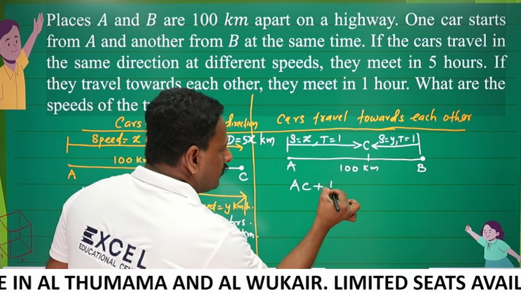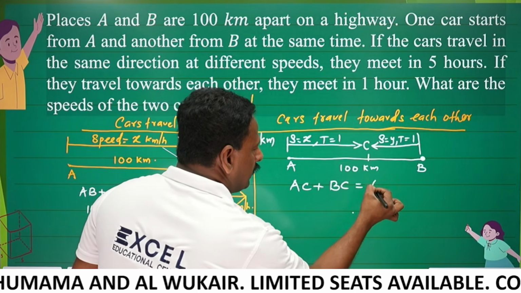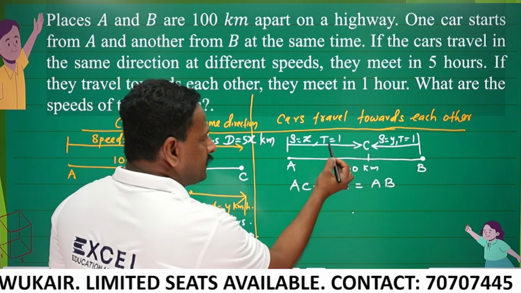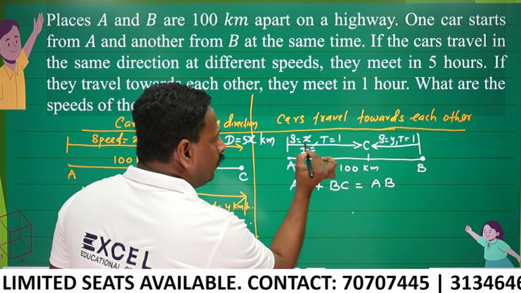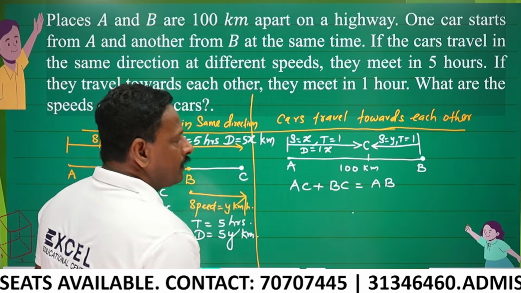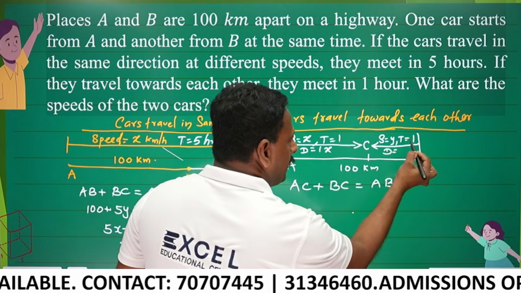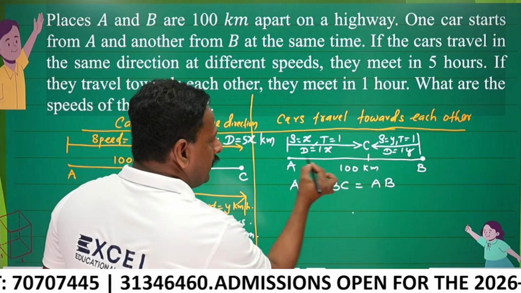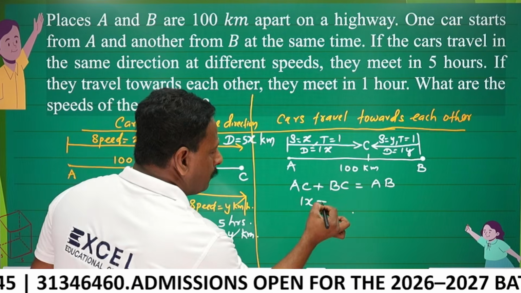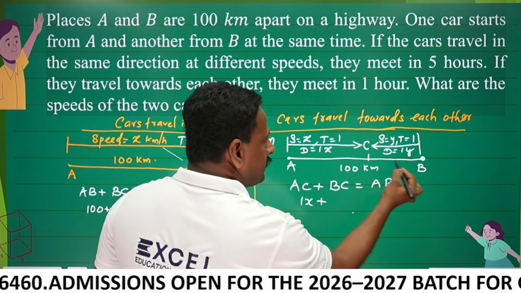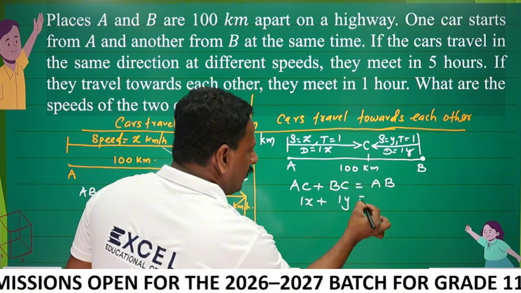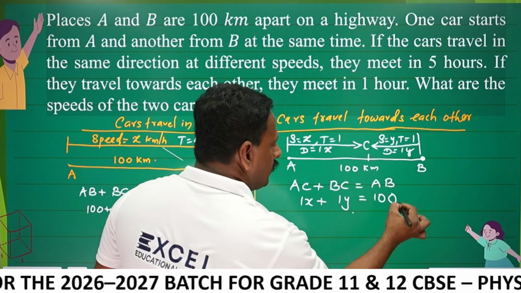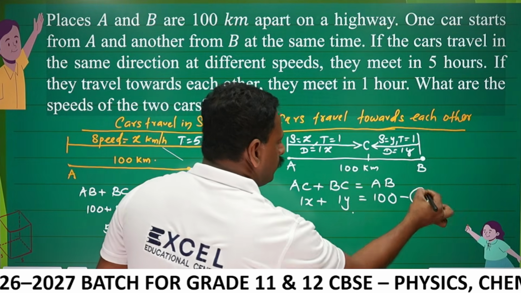Distance is speed into time, so distance AC is 1x, and distance BC is 1y. So AC, 1x, plus BC, 1y, equals distance AB. Distance AB is 100. So we got equation number 2.